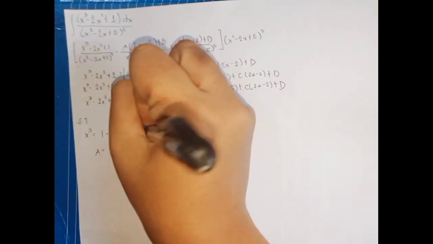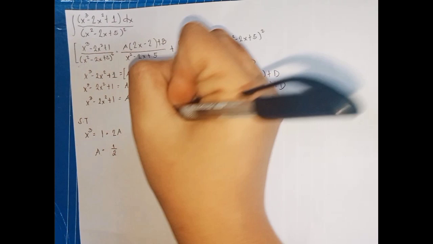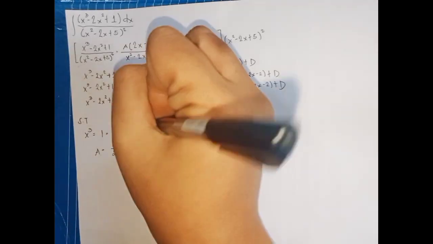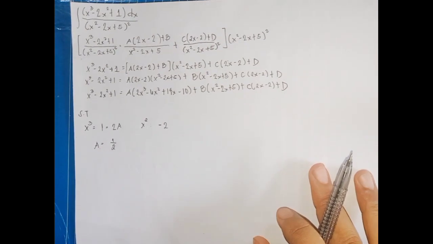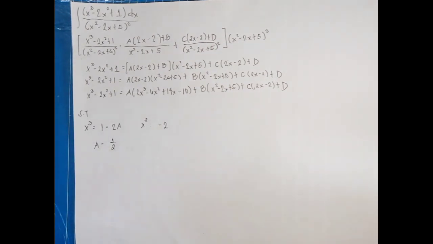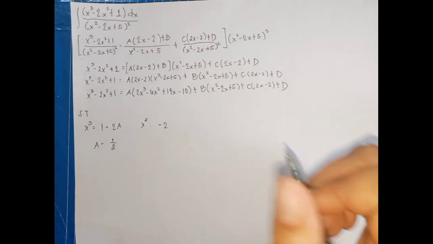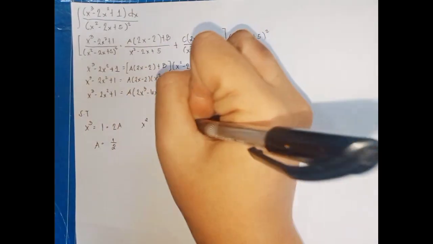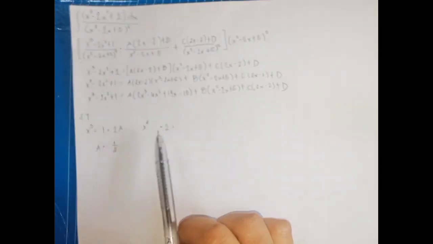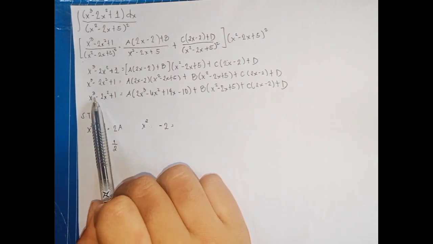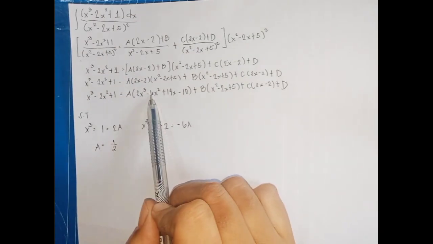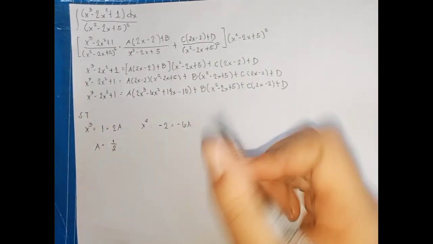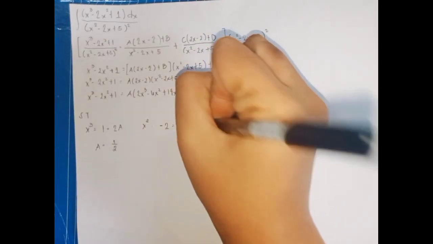So let's solve for the coefficient of x squared, which is equal to negative 2. For the x squared, it is equal to negative 2 because we have negative 2 here, so negative 6a plus b.